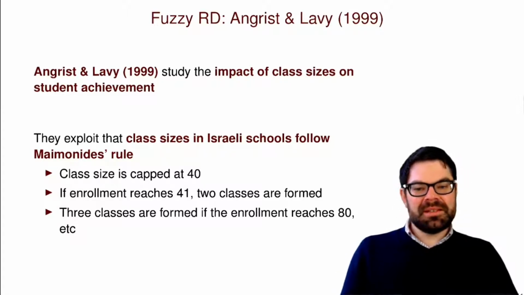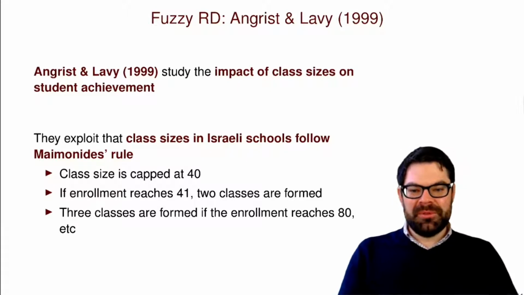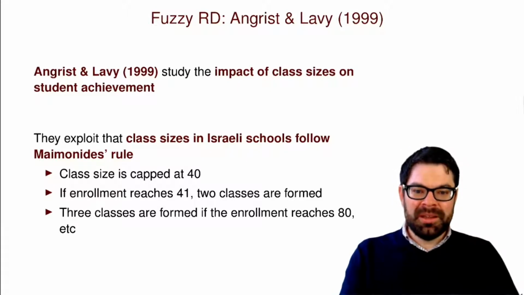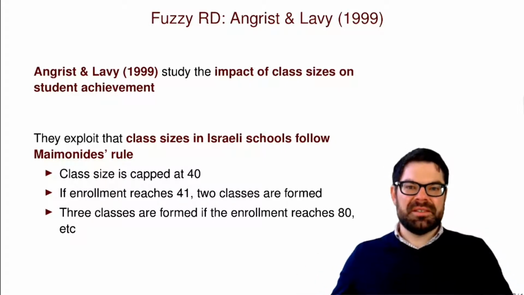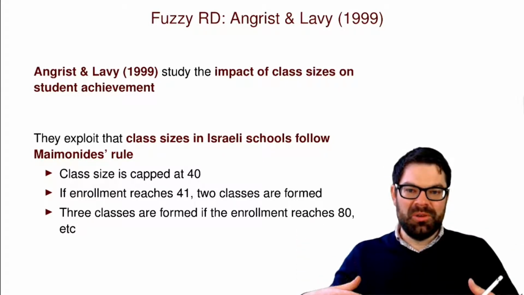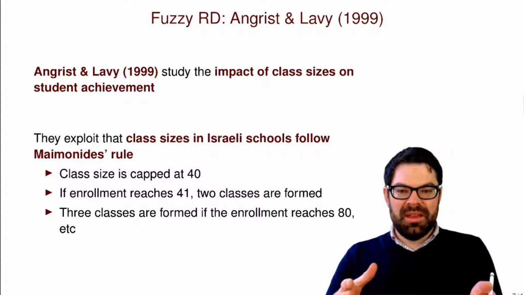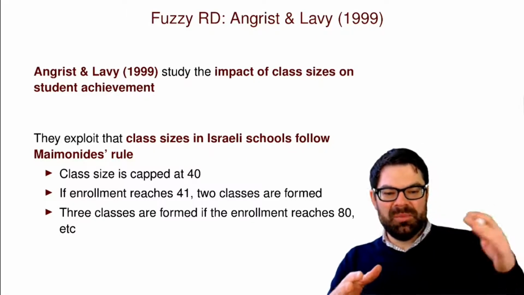So the idea is that if the enrollment of a cohort reaches 41, we split the cohort into 2 classes. But if it's 40 or below, we keep it at 1 class. And then the same happens at multiples of 40.